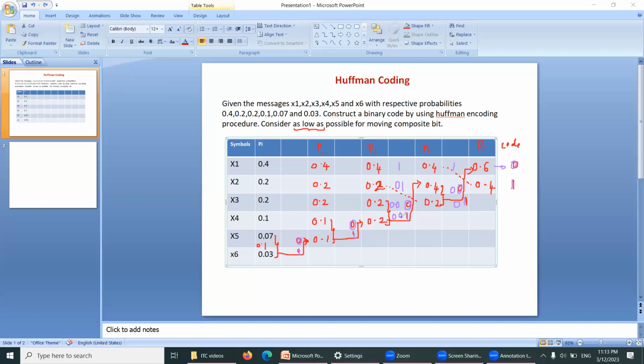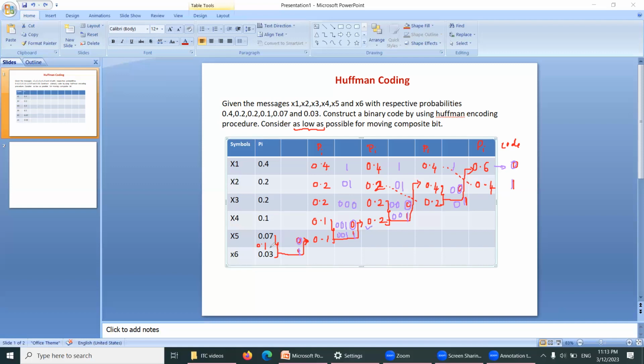For this 0.2, the code is 0, 0, 1, so I write 0, 0, 1 here. Clear? For this other 0.2, the value is 0, 0, 0. For this 0.2 I have 0, 1, and for this 0.4 I have the value 1.